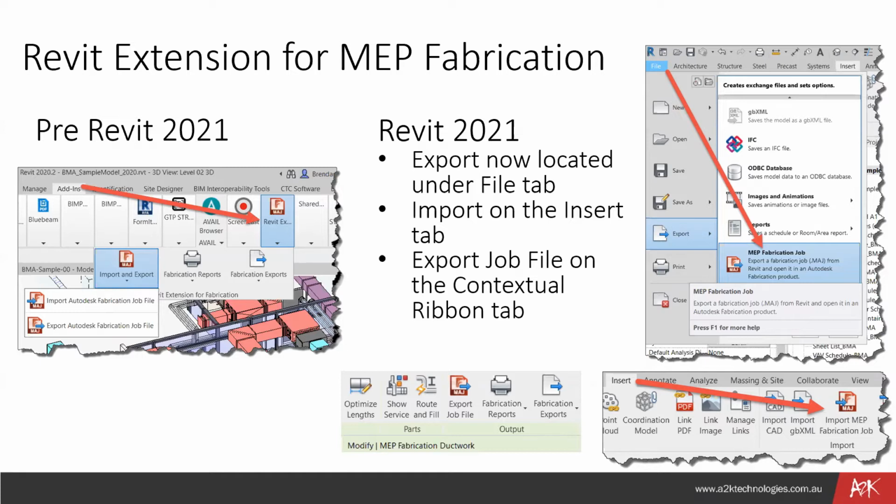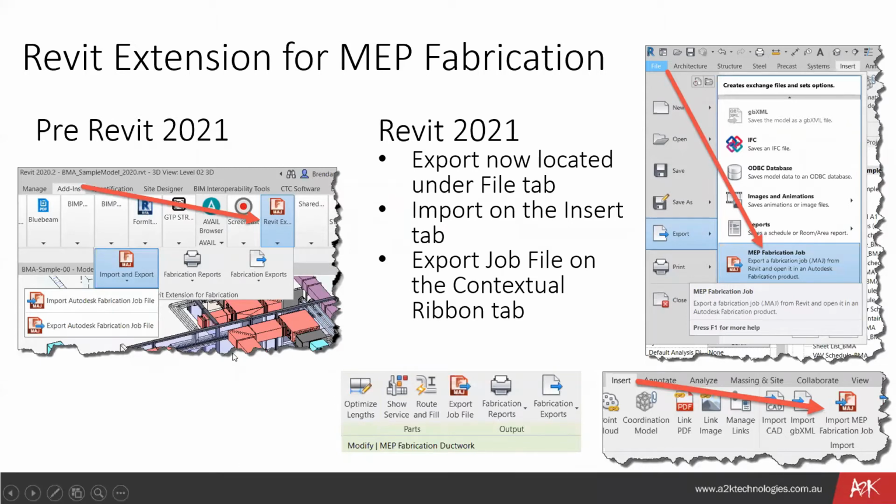One of the main things you'll notice that is different, if you have already been using it, is the export extension for Revit, which is the tool that allows you to export the Revit fabrication model out to that MAJ fabrication job file, to take it out to the fab products, EST and CAM.